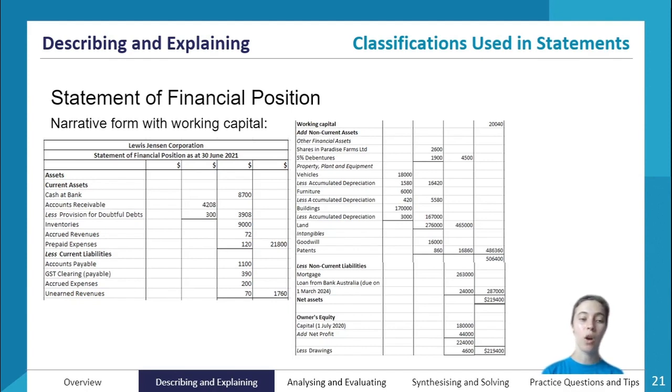So once you've got that subtracted figure, so current assets less current liabilities, you can see at the top of that second screenshot on the right, you've got the working capital figure. And then you continue on with those non-current assets and liabilities, and the owner's equity section remains the same.